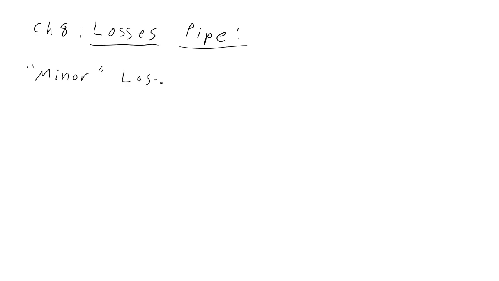Minor losses are a type of loss that are different than the regular losses that we've already talked about, say the Moody diagram. These are losses that can be due to, again, head losses, due to things like expansions in pipes, or similarly contractions in pipes.